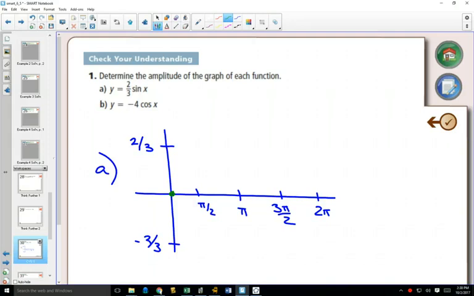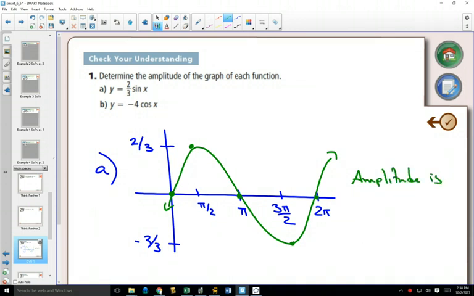And now at pi over 2, instead of going up to 1, it's going to go up to 2 over 3, back to the middle, down to -2 over 3, and back to the middle. Draw our nice curve through there, and we have our graph. What's the amplitude? Two-thirds.